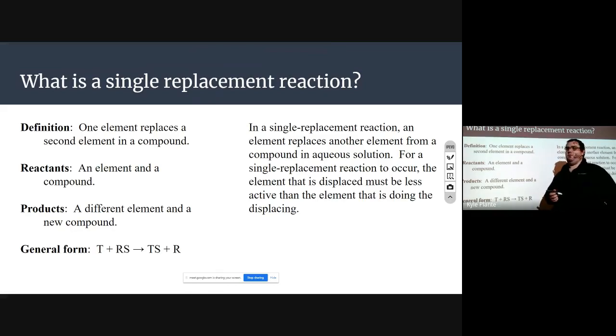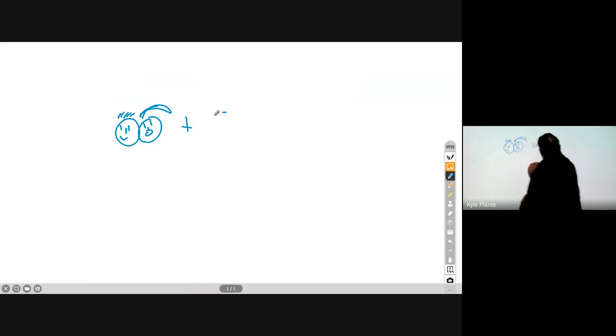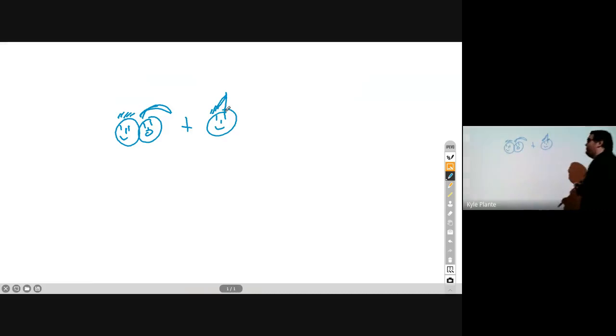You know, you go to the dance with one person, you leave with a different person. So we'll put my drawing skills to the test here. Mohawk dude.